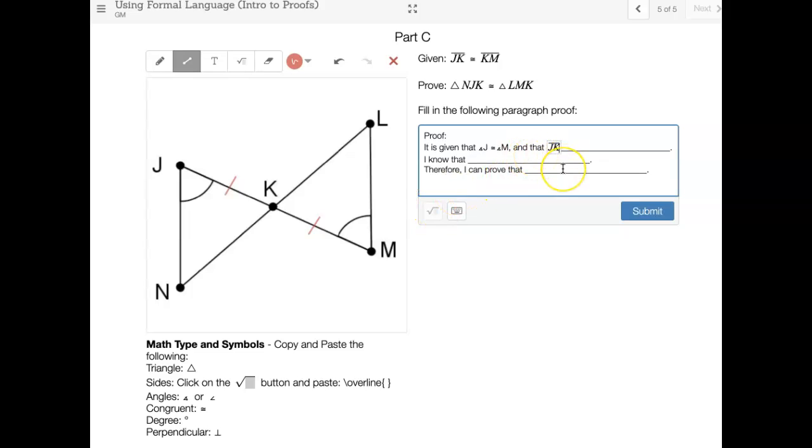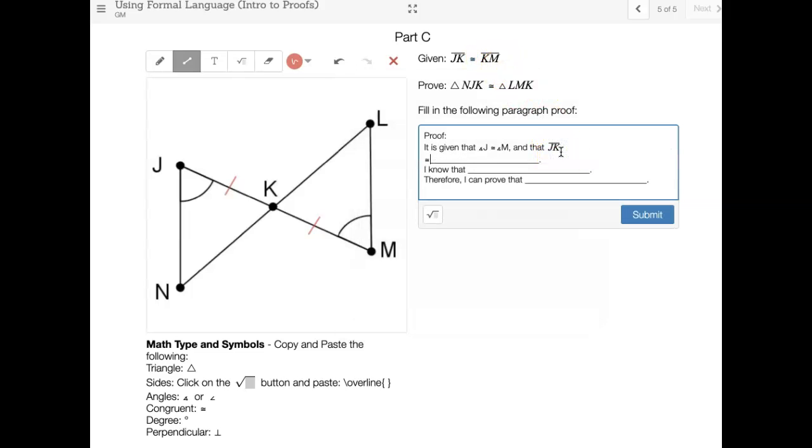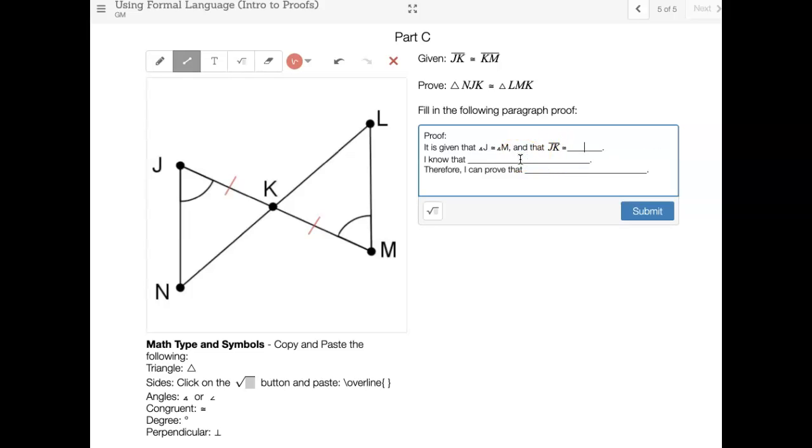Now if I paste that JK is congruent to KM, let me copy that also and paste it. Okay, I did that wrong again. I'll just use Command Z. That's awesome, thank you for that. I have to use this little radical symbol and paste into the box for that to paste properly. So that's what was given.